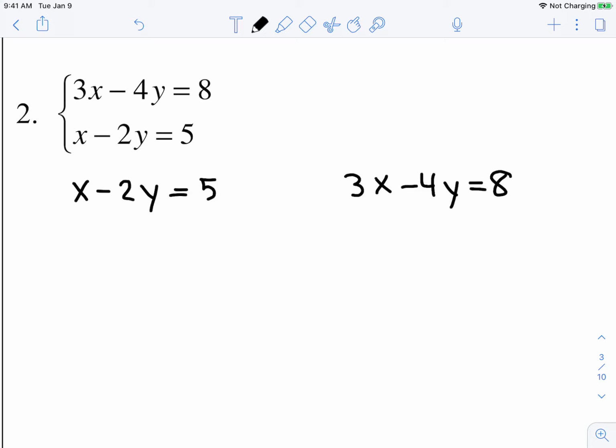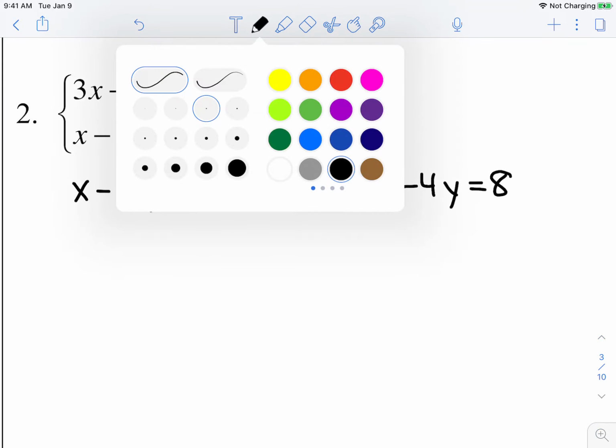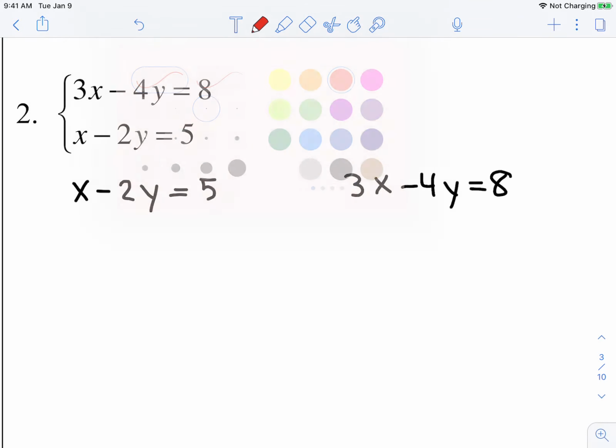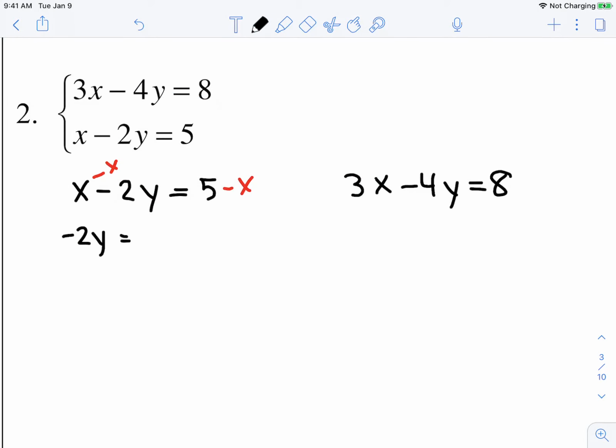But I'm going to practice making it in slope-intercept form. So I'm going to go ahead and get rid of the x here. What I do to one side, I do to the other. So that's 0 minus 2y equals 5 minus x, or negative x plus 5. I'm just going to flip-flop those.